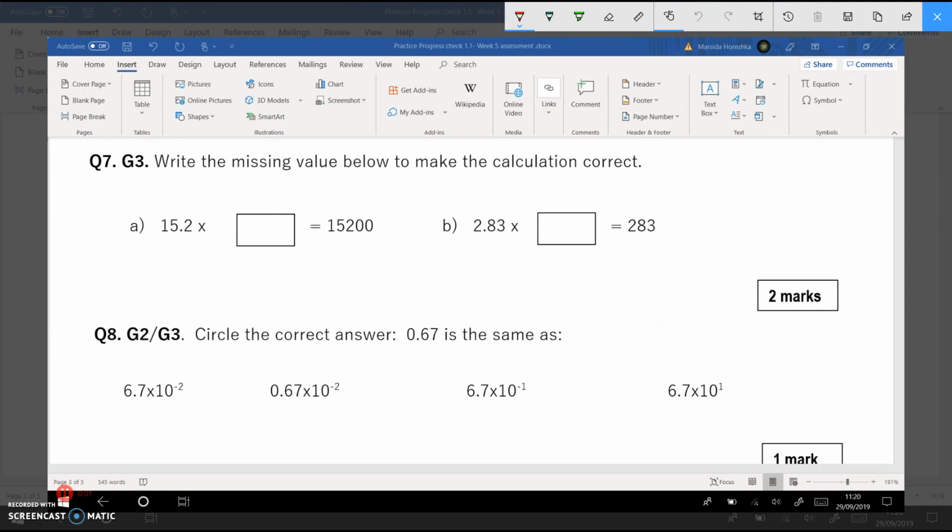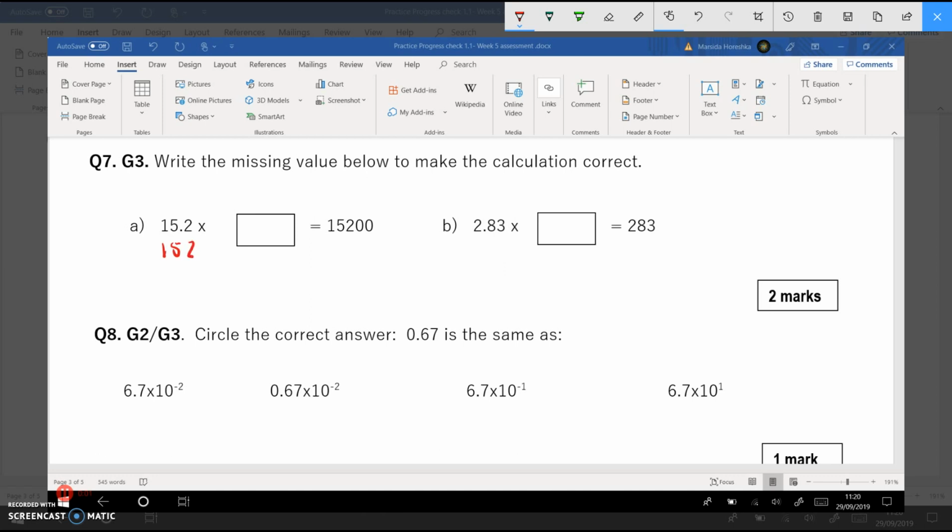Question number 7. Write the missing value below to make the calculation correct. So we've got 15.2 times the number equals 15,200. So what's happened? We've got the same digits, 1, 5 and 2. We just have more zeros and the decimal point has shifted.